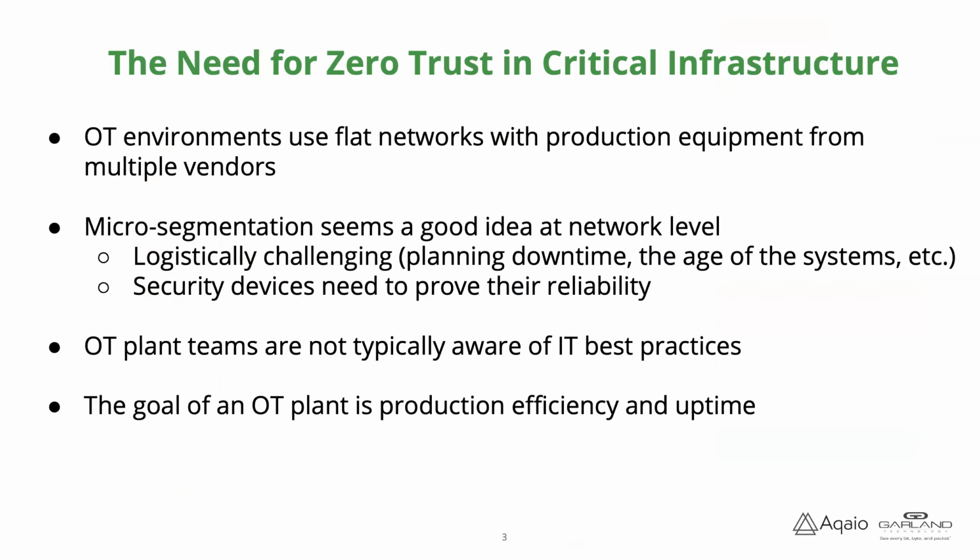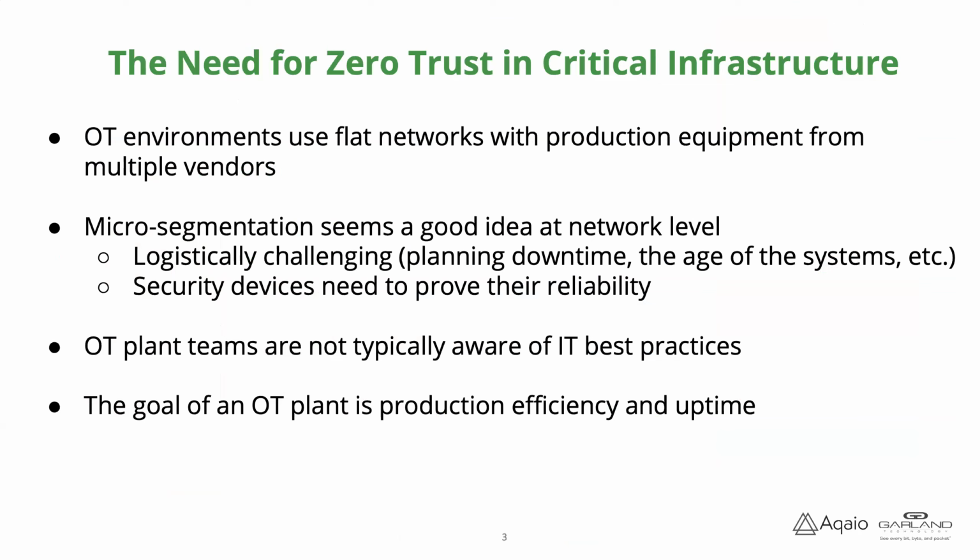Typical OT networks are usually very mature and flat, with production equipment from multiple vendors. So whilst microsegmentation may seem a good idea at a network level, from the perspective of actually implementing it, it is logistically very challenging.